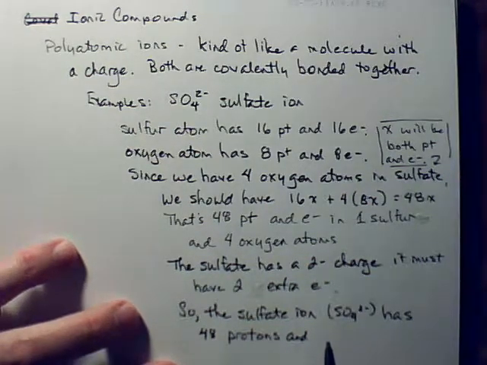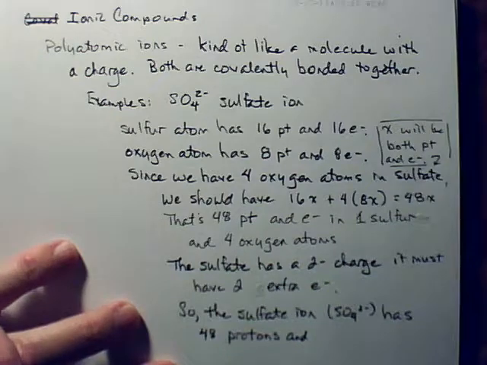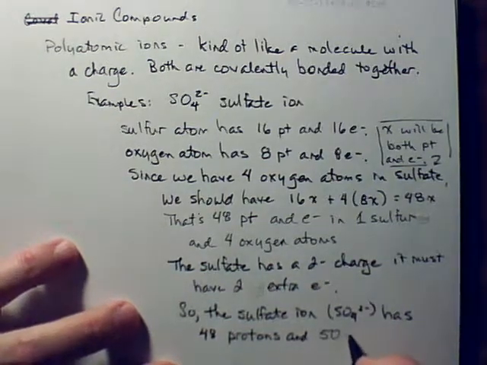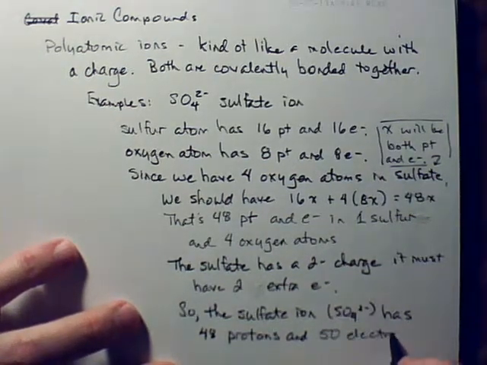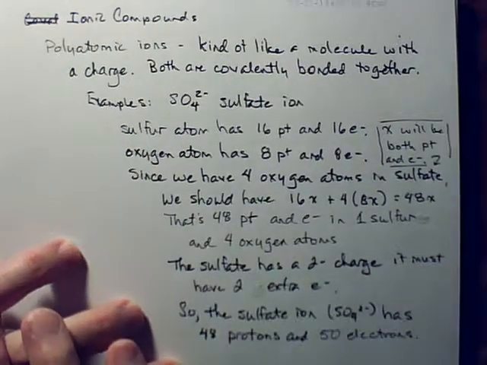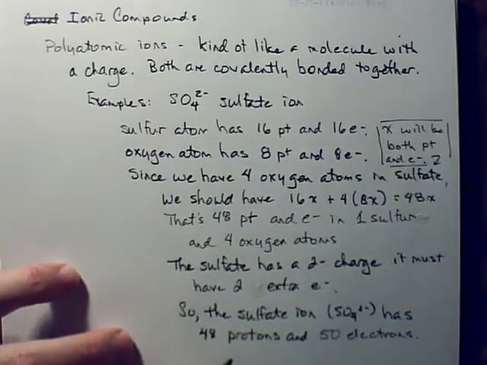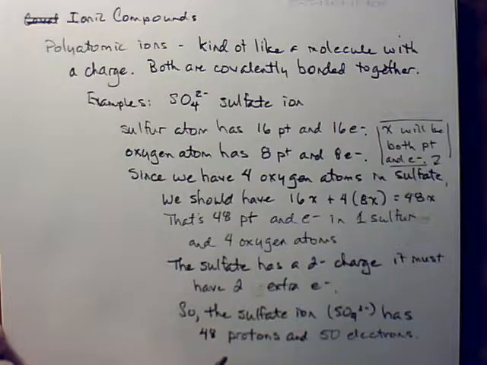How many electrons must we have then? If we have a 2 negative charge, 50. That's where the negative charge comes from. Remember, monoatomic ions, if they're positive, have more protons than electrons.